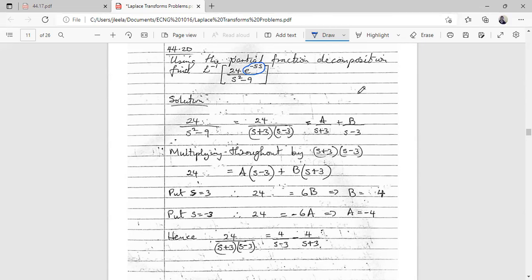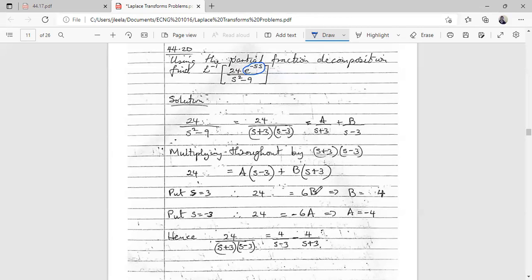Right? So 24 will be equal to, when you multiply throughout by s plus 3 times s minus 3, you'll get s minus 3 times A plus B times s plus 3. And to solve for your constants, you put s equal to 3.